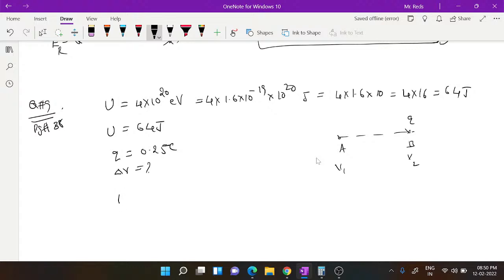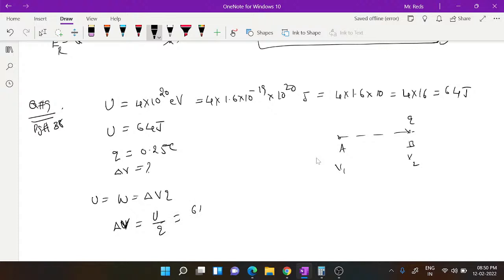That work done is equal to potential difference into the charge, and work done is nothing but energy. So energy is equal to work done, and from this potential difference delta V is equal to energy by Q.